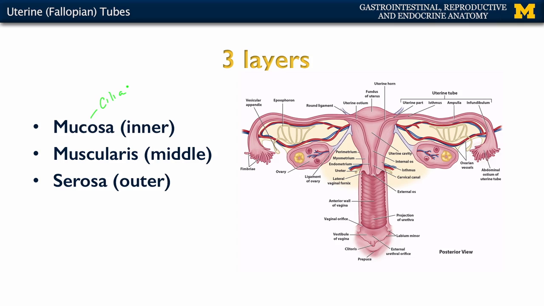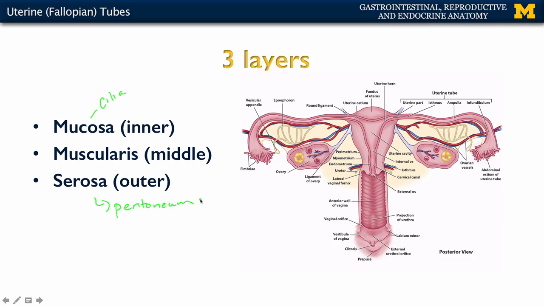So those cilia, those little hair-like projections of the cells, will move it more medially. And then the muscularis layer, which is the middle layer of the uterine tube, will serve a similar function in that it will have peristaltic contractions that will move the oocyte towards the uterine cavity as well. And that serosa, as we know, is going to be very closely associated with the peritoneum.